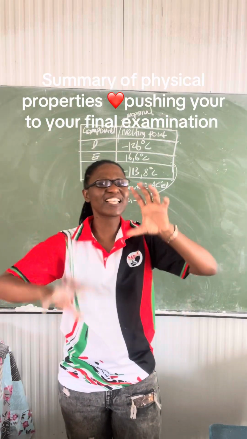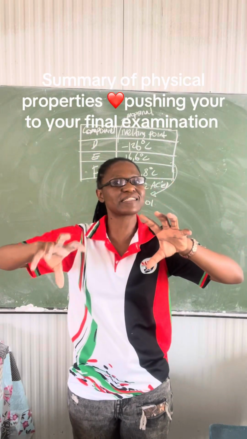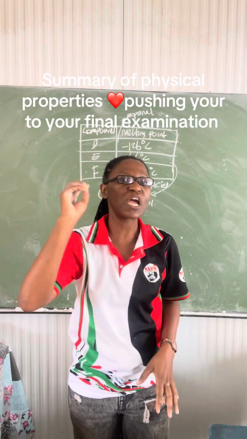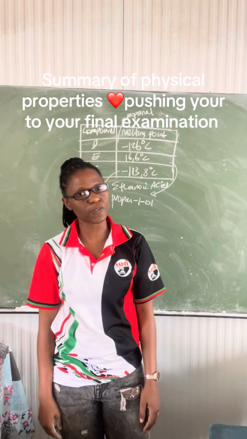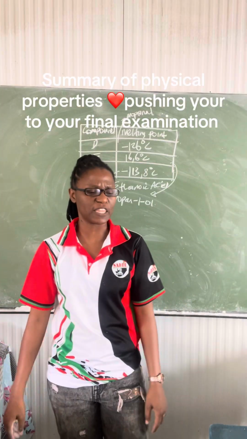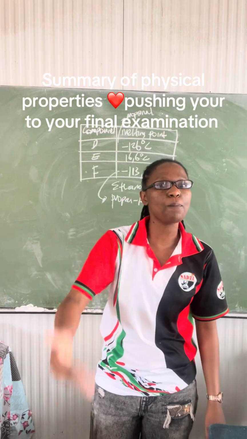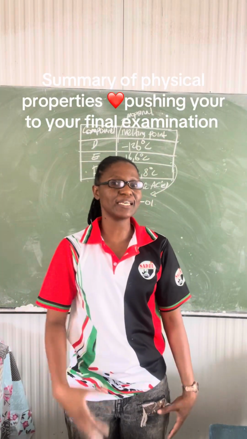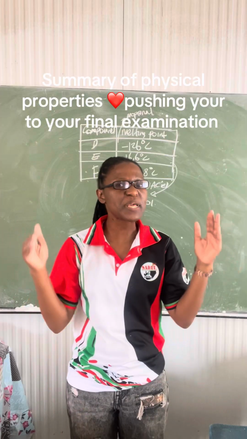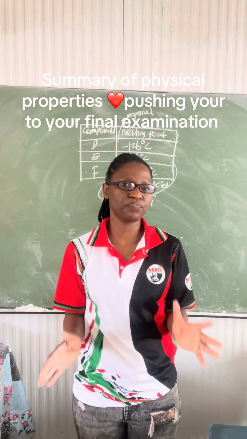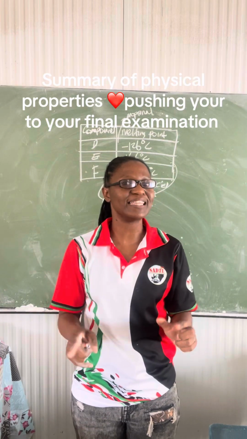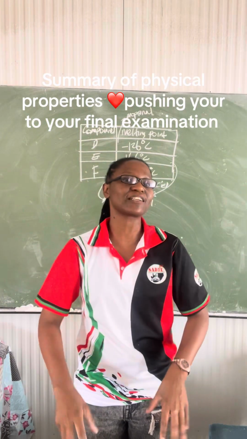So you must be able to categorize those homologous series in line with the intermolecular forces. How do you explain them? If you are comparing molecules that belong to the same homologous series, you start by addressing the structure.